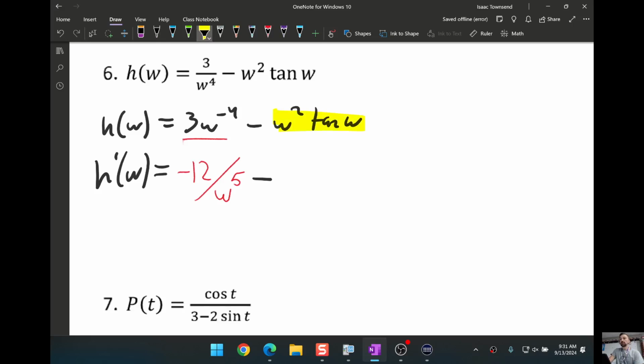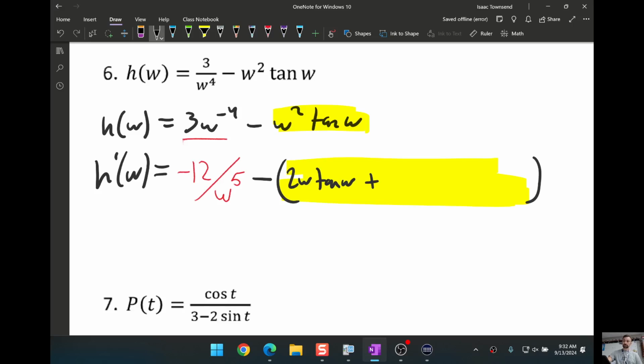Minus, now here's the part that I really wanted to see. Did you realize that you had to do the product rule here? You've got w squared times tangent w. Something times something has to be product rule. So if you realize that, you should have taken the derivative of w squared with tangent w left alone, and then plus w squared left alone times the derivative of tangent, which you probably had to look at the top of your page for.